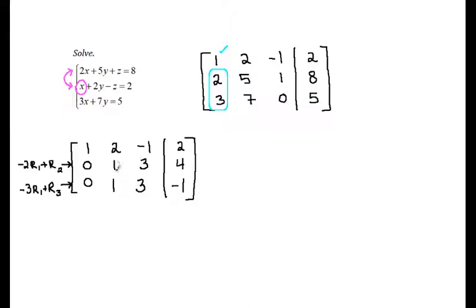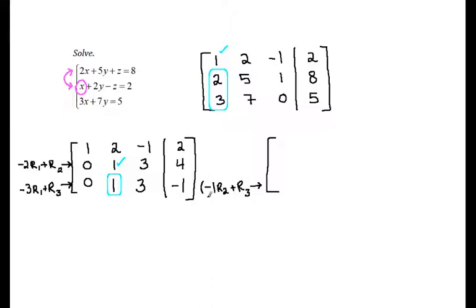We're now looking at the second column. Again, we see that the 1 is already in place for us by luck, so we will go for the 0 below it, and the transformation that will do that for us, this is going into the bottom row now, is simply -1 times row 2 plus row 3.